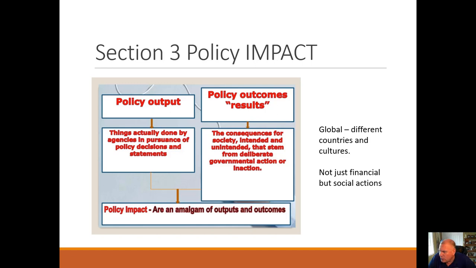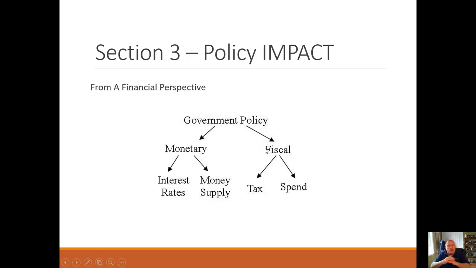Let's keep going on this topic as we look from a financial perspective. We have the government policy, and that has a fiscal component, which is spending and tax. So there's revenue and expenses. Then there's monetary policy, interest rates, money supply. In the U.S., the monetary is the Federal Reserve, which we will talk about shortly.